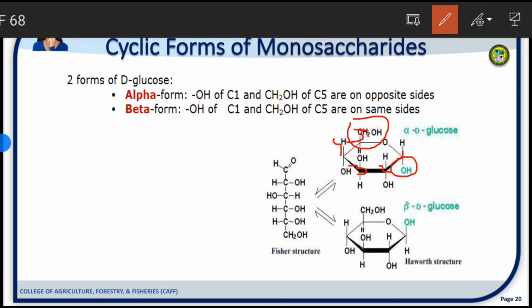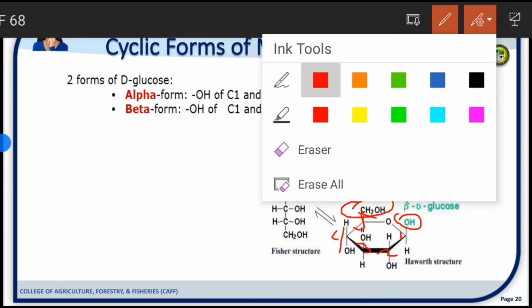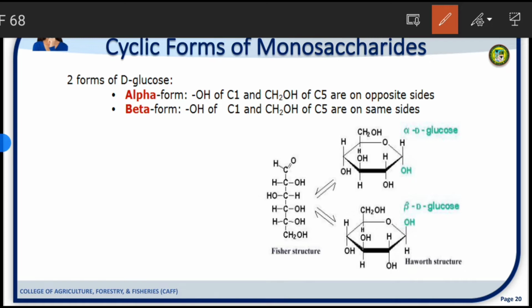In the beta form, we have the OH of carbon 1 and the CH2OH of carbon 5 on the same side. Now let's count the carbons: 1, 2, 3, 4, and 5. Okay? So how would you know that they are on opposite sides or on the same side?